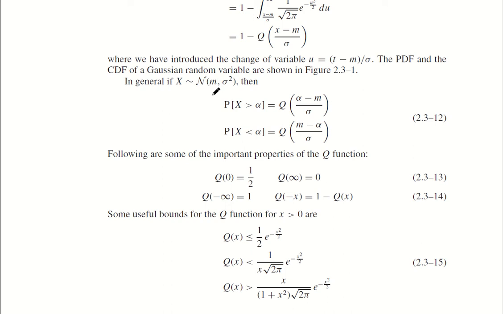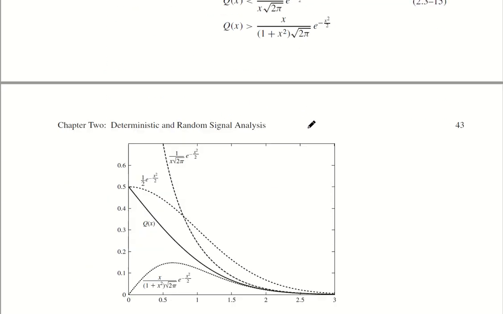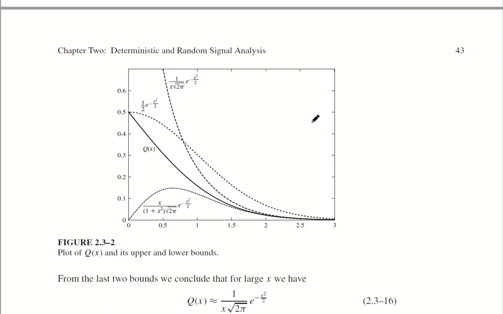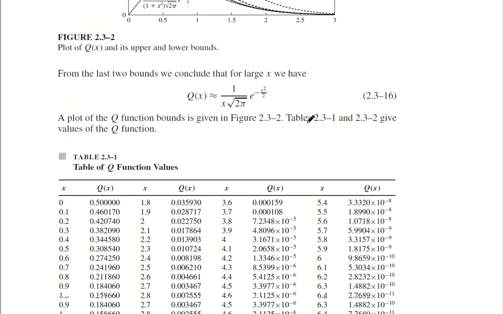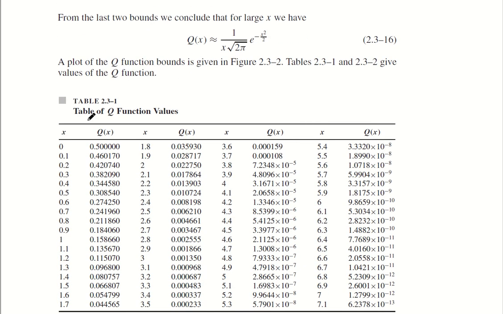If we have a Gaussian distribution, anything larger than a threshold will be described by a Q function. We covered the details in the previous talk, so we are going to go faster on this one. There is also a table for Q functions.